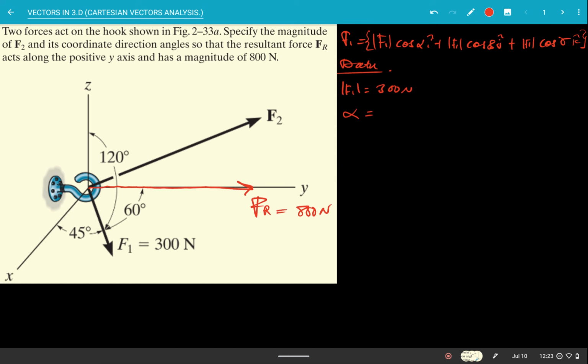Remember, from the x to the vector. Let us now find beta. Beta is 60 degrees. Remember, it's from the y to the vector. And then let's also find gamma. Gamma is 120 degrees. As you can see, it's from the z to the vector, 120 degrees.